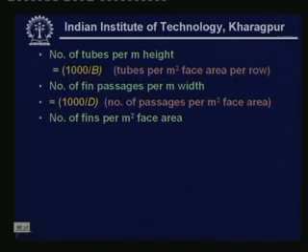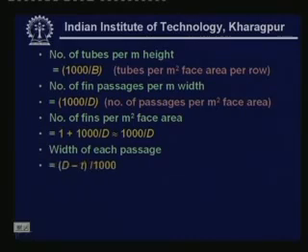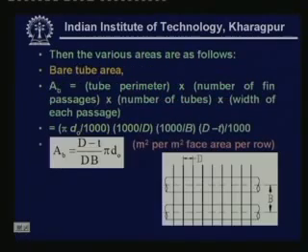And the number of fins per meter square face area is nothing but 1 plus 1000 by D, which can be approximated as 1000 by D. Okay, because the D is generally small. And width of each passage is nothing but capital D minus T by 1000, because capital D is the center to center distance between two adjacent fins, and small t is the thickness of a fin.